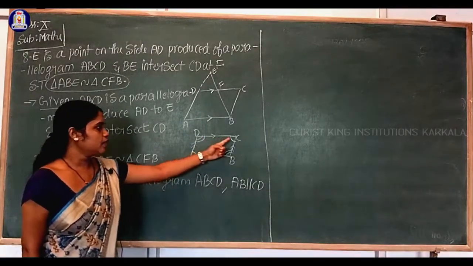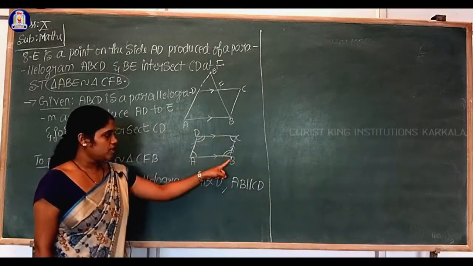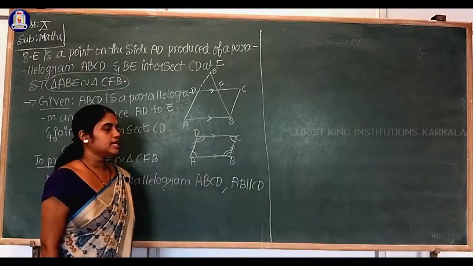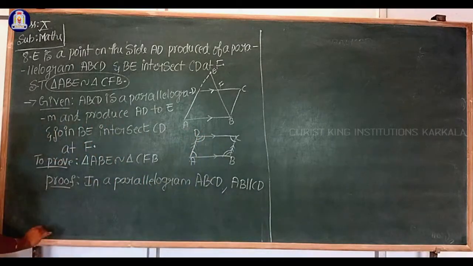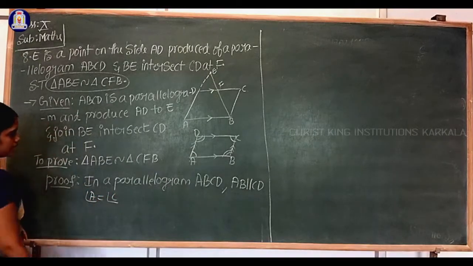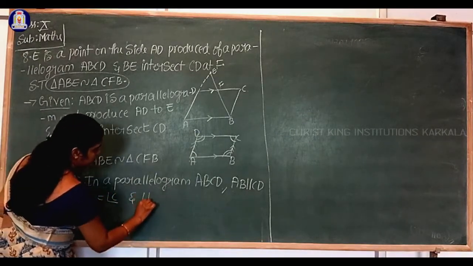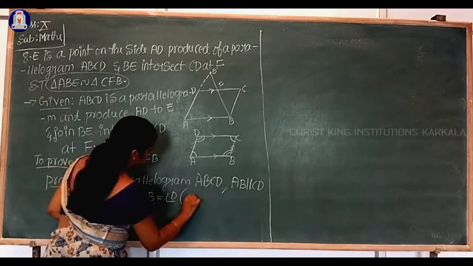For the angle A, the opposite angle is C, so these two angles are equal. Once again, for the angle B, the opposite angle is D, so these two angles are equal. So I'll write here angle A equal to angle C and angle B equal to angle D. What is the reason?